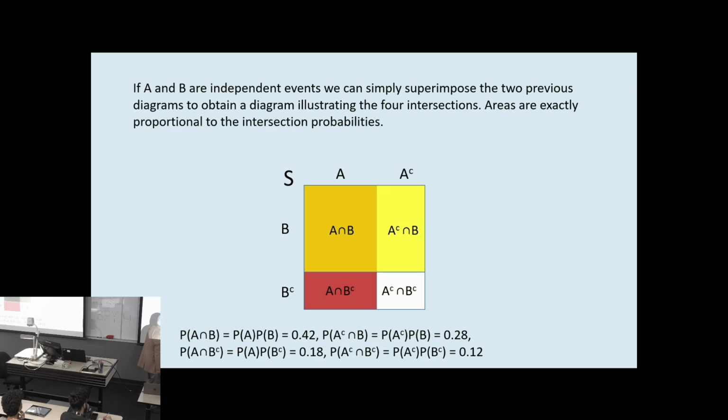So here's another way of thinking about this. Remember, A was 60% of the sample space S, which is an area of 1. And then what we're doing with independence is saying 70% of that space is covered by B, 30% is covered by B complement.